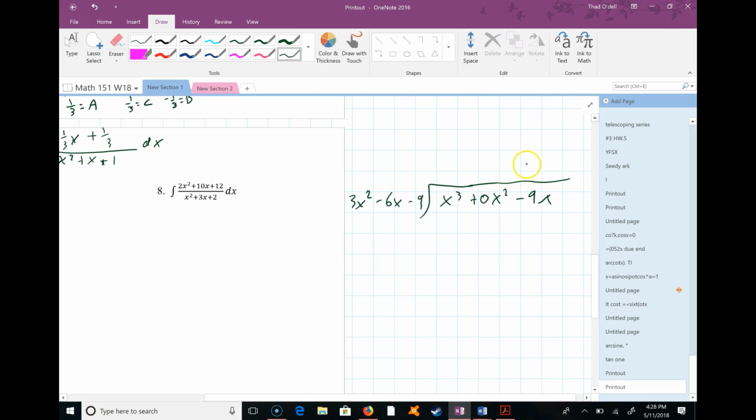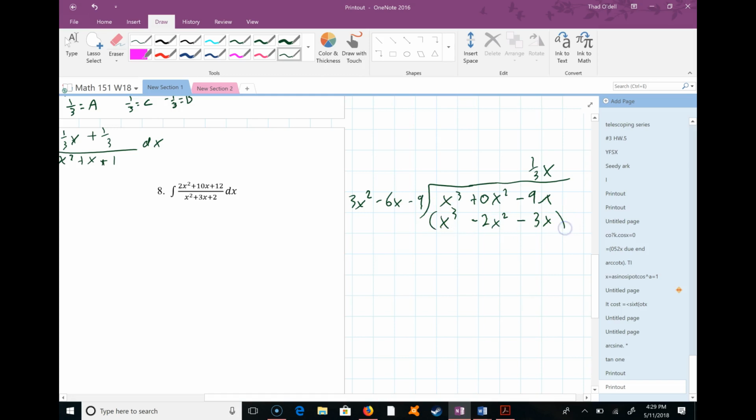That would be, sorry, 1/3 x is what I meant to say. Because 1/3 x times 3x squared would be x cubed. 1/3 x times 6 would be negative 2x squared. And 1/3 x times 9 would be negative 3x.